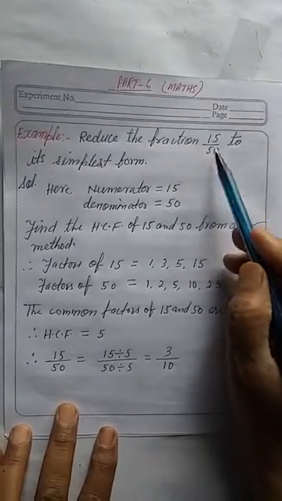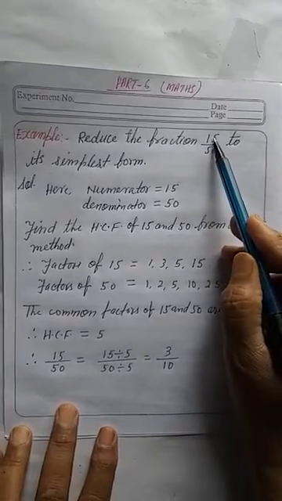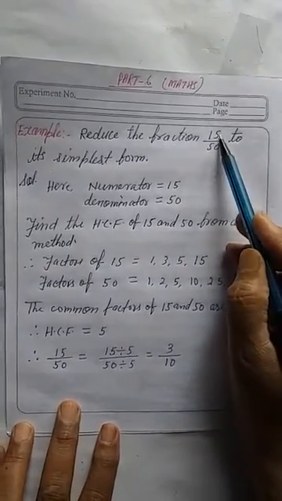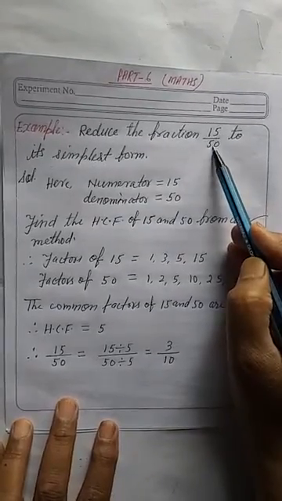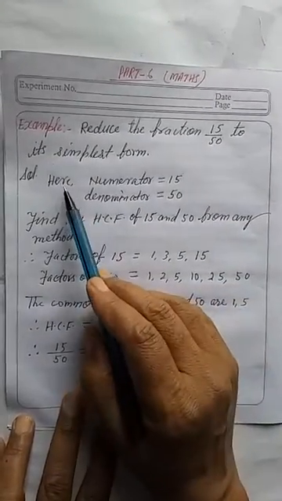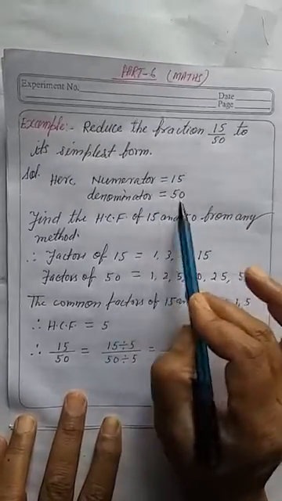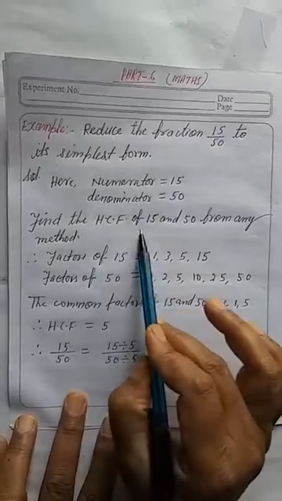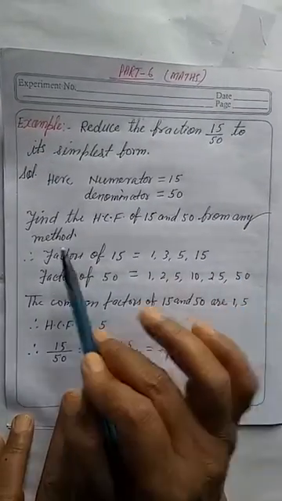Suppose you know the table, you can do it directly also. According to the table, 15 upon 50 is divisible by 5 in both, so 5 is the HCF. Now the numerator is 15 and the denominator is 50. Find the HCF of 15 and 50 by any method.